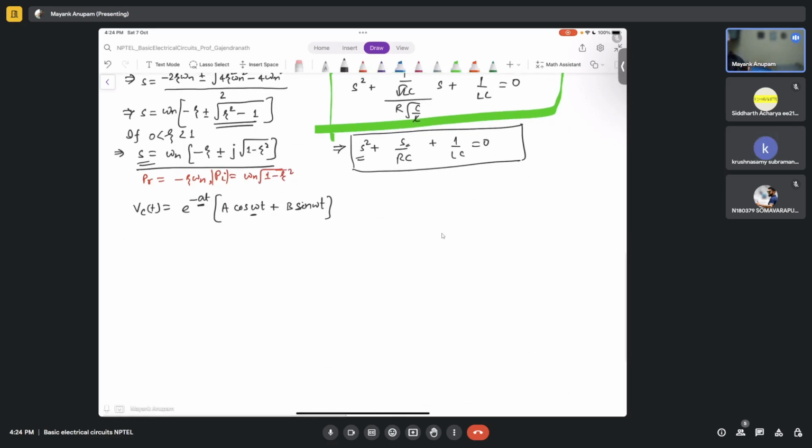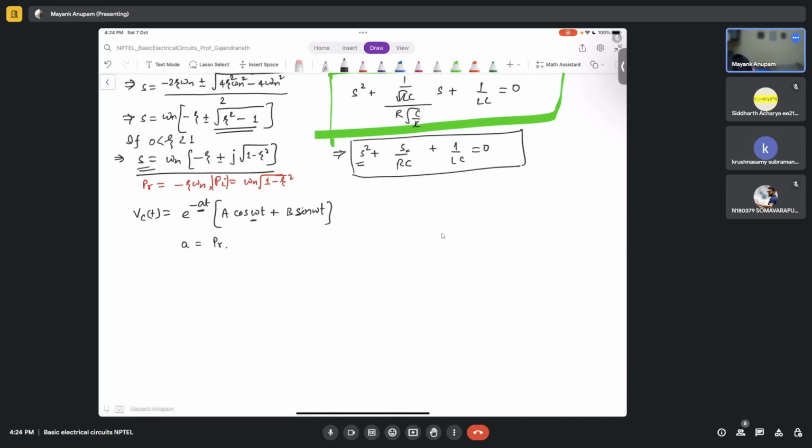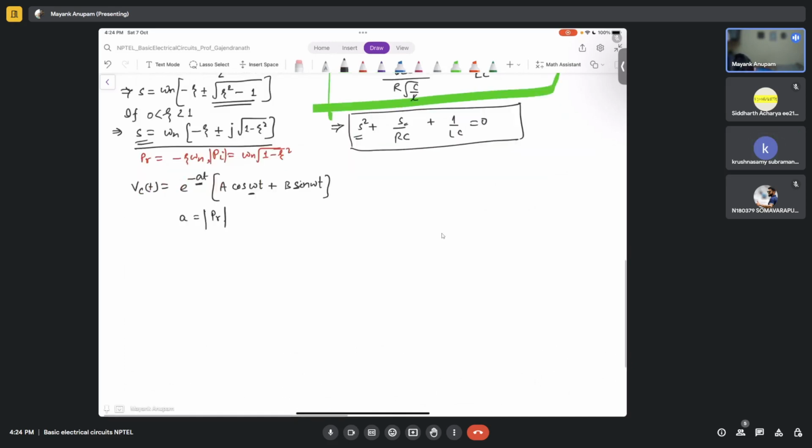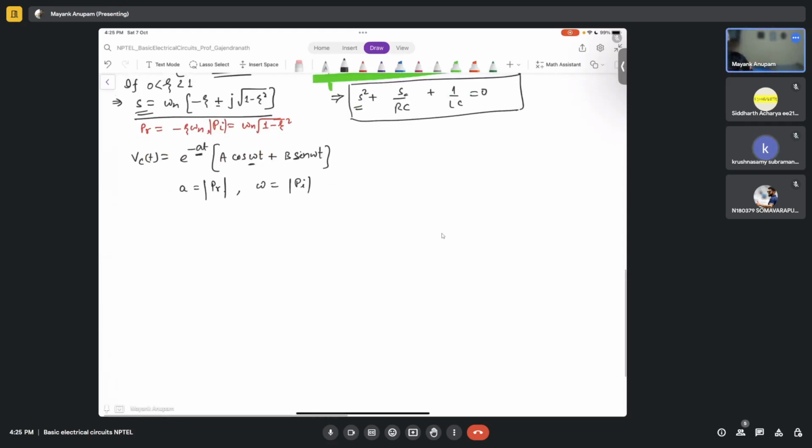So in that case, what is A? A is simply equal to mod of PR. And what is omega? Omega is equal to omega n times square root of 1 minus zeta square, the mod of Pi, right? Correct. So that is easy.